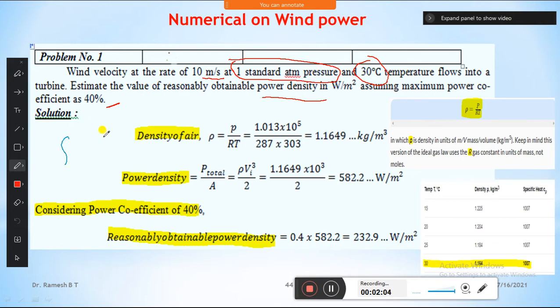So the density of air rho is given by the equation rho equals P by RT, where rho is the density in terms of mass per volume, that is kg per meter cube, and R is the ideal gas constant, and you can take 287 as the value.